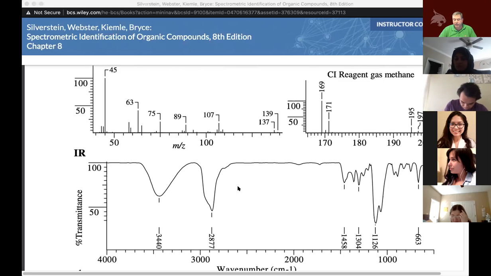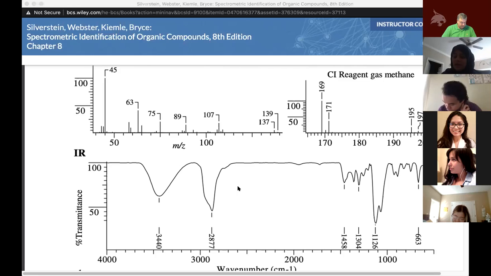So that would account for that mass loss there as a C2H2. And that would give us the fragment that we have on there. But notice that when we lose that C2H2, we still have a chlorine on there. So if we look at common fragments lost, a 26 is a C2H2 or a C2N.